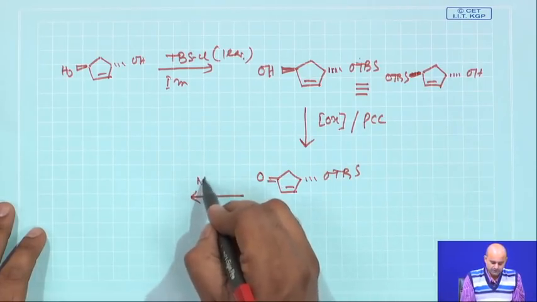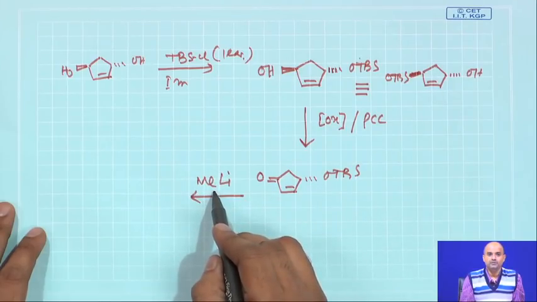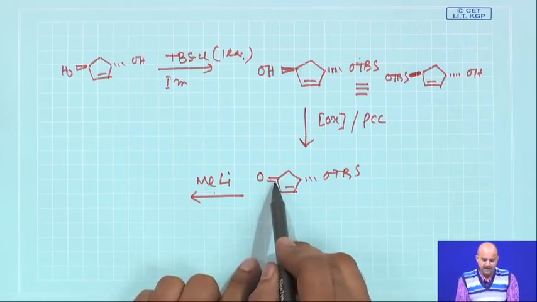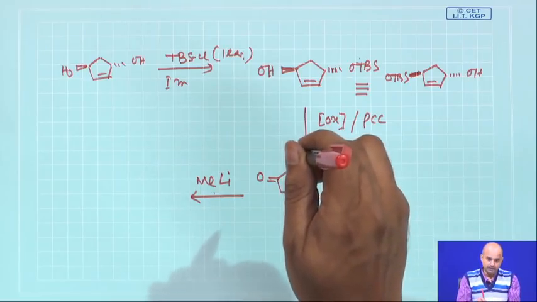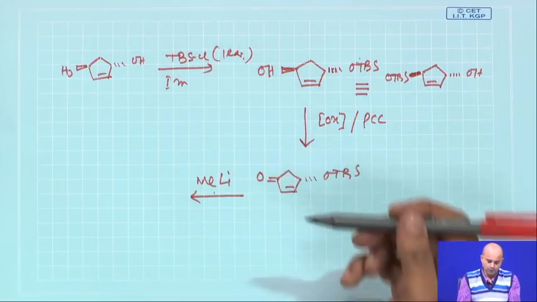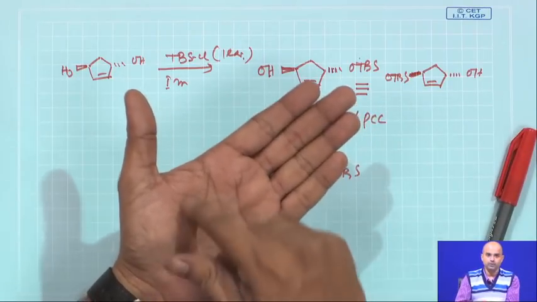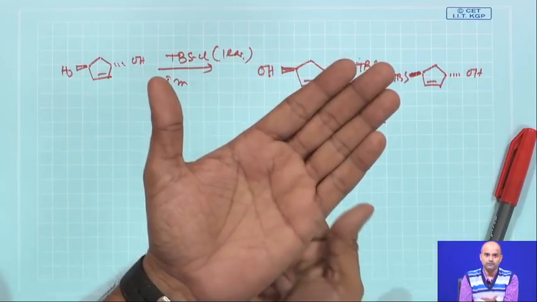Now, the next synthetic reaction is using one equivalent of methyl lithium. Now, this is the alpha beta unsaturated carbonyl, it is basically a flat sp2 carbonyl. Now, methyl lithium can come from the top face or from the bottom face of the cyclopentane ring.